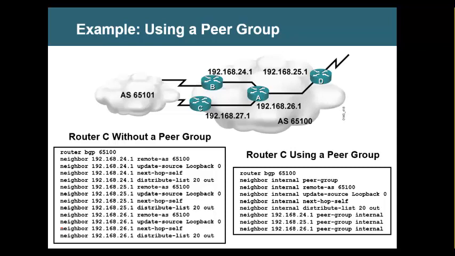The question is, routers B and C take those external routes advertised by 65101, and they advertise them to inside routers A and D. When they are supposed to advertise whatever 65101 gives, what is the policy involved?